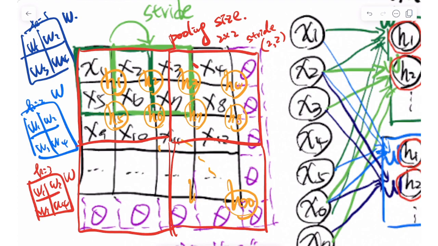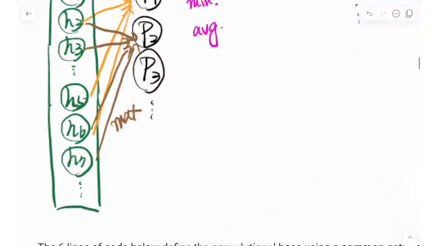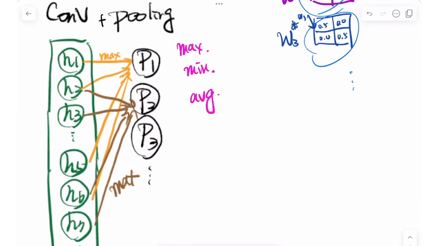That means it matches a certain kernel, right? So to design the pooling layer, we have pooling size, we have stride, and the next thing we need to decide is what to select. Basically we select the information from H1, H2, H5, and H6, but we select the biggest one as the P1 neuron.